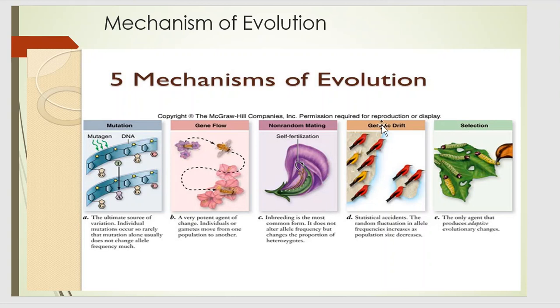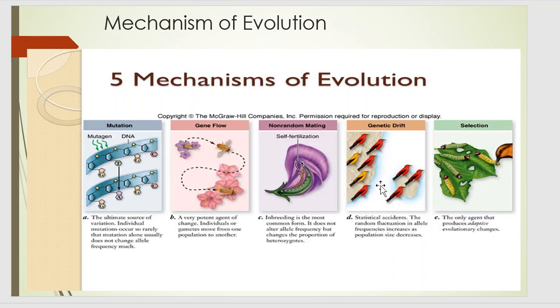And the next one is genetic drift. Drift is a condition where there is a sudden drop in the allelic frequency of the organisms due to some random event. It could be some kind of natural disaster or anything that will destroy a group of organisms. In this case, there's a separation right here.